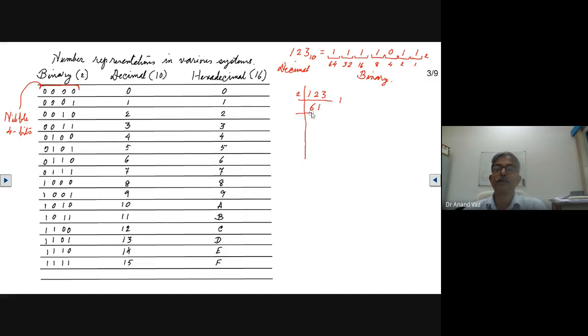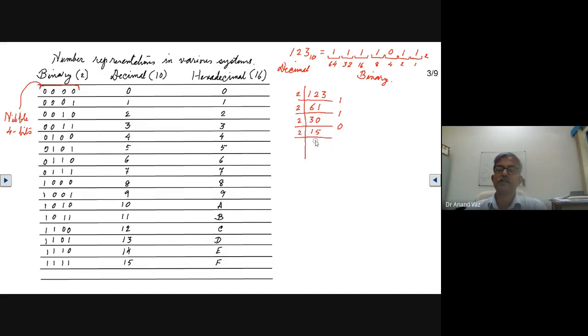Then you again divide by 2, 2 3s are 6, and you again have one remainder. Then you again divide by 2. 2 1s are 2, 2 5s are 10. Remainder is 0.